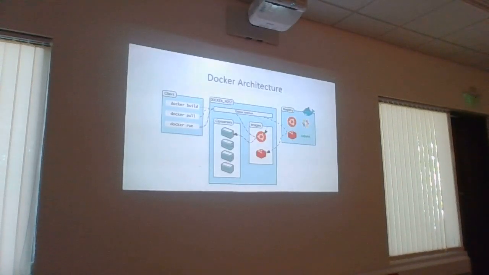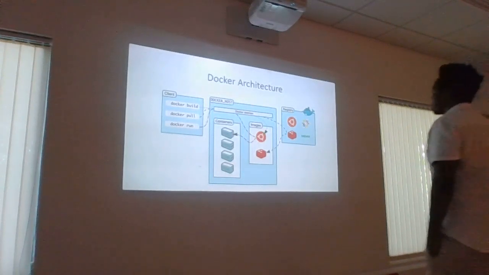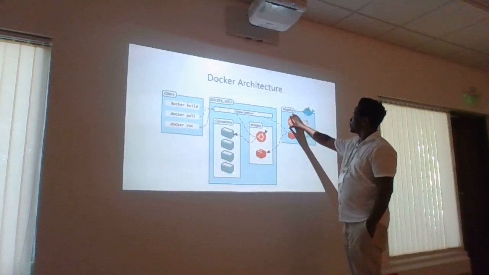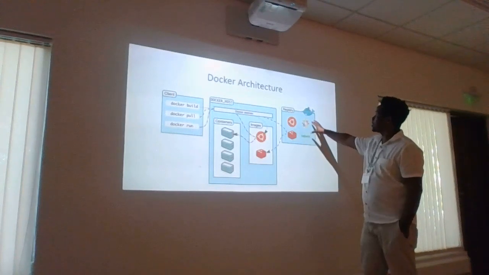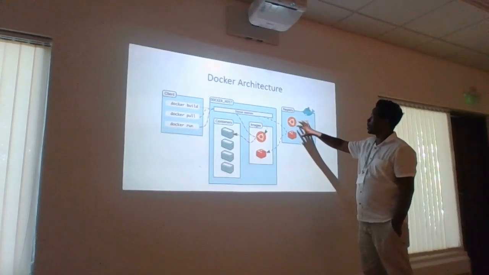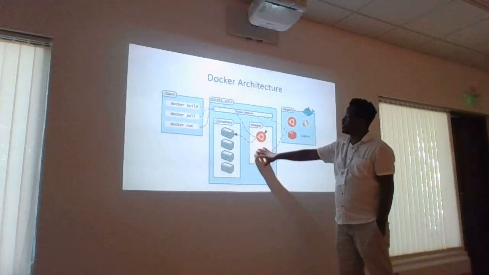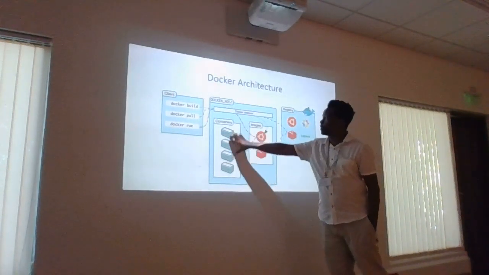Often this is how the architecture for Docker will look. You've got the registry holding different whole operating systems, containers, if you like, distributions, and so on. And then you've got your images, which you can abstract into containers.